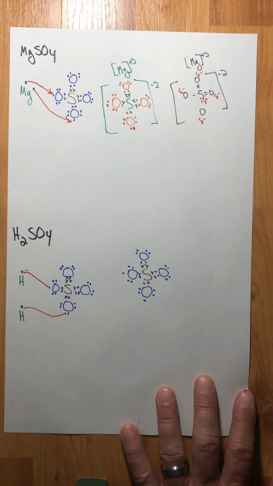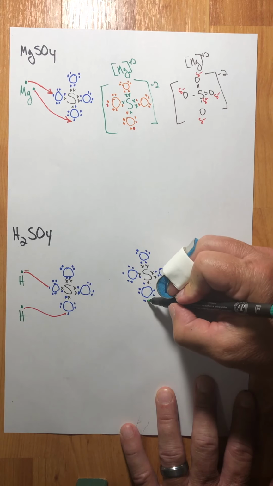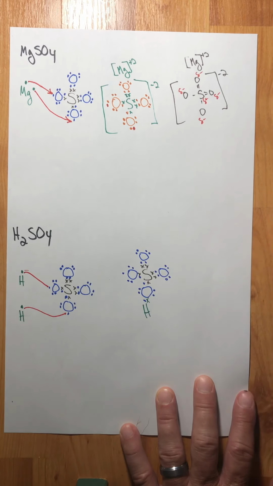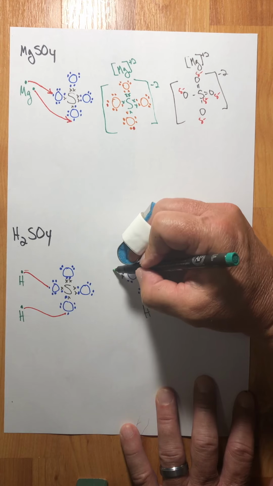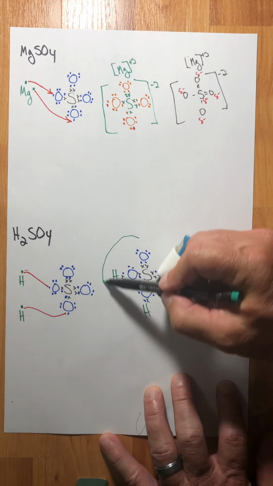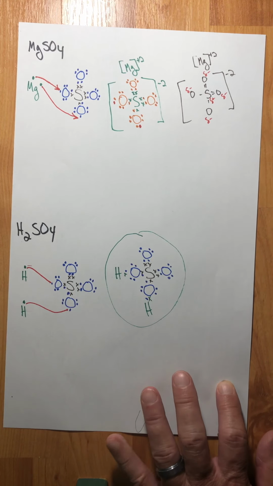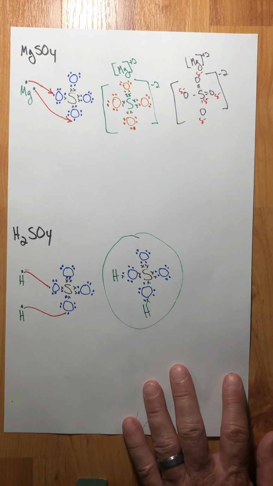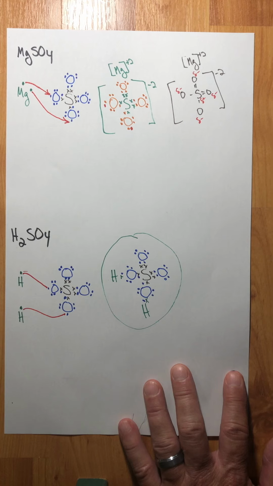So then what I have to do is show that there is a hydrogen covalently bonded there and a hydrogen covalently bonded there. And then this whole thing, that's one molecule. So in this case, all the intramolecular bonds are covalent and there's no ionic bond.